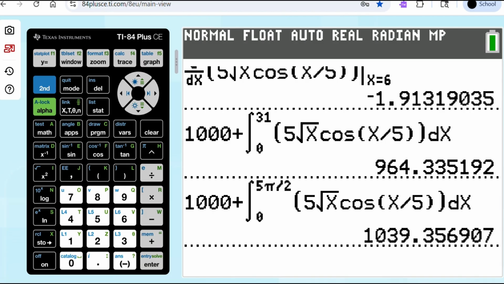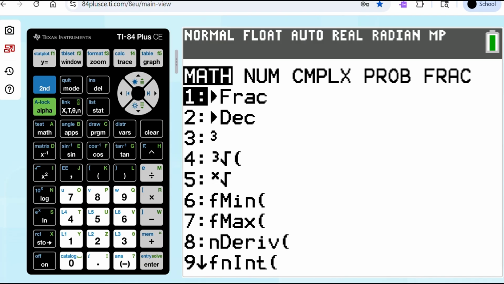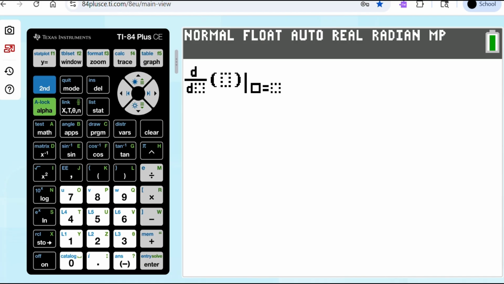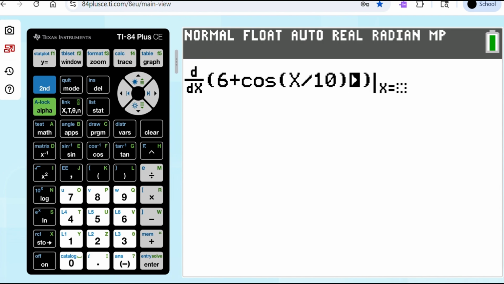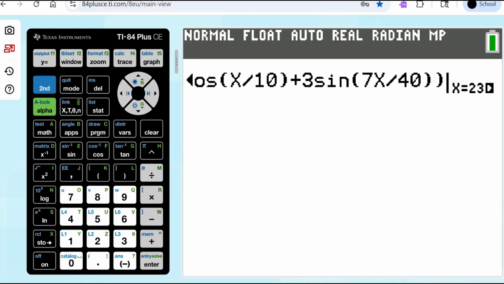So we're going to do math, and option number 8. We take our derivative with respect to x of our function, 6 plus cosine of x over 10, plus 3 times the sine of 7x over 40, and evaluate this at x equals 23.